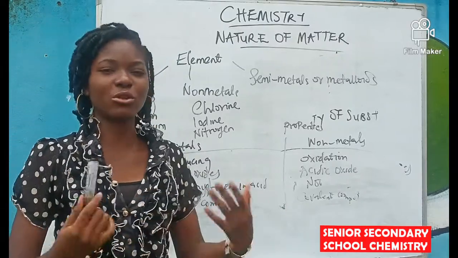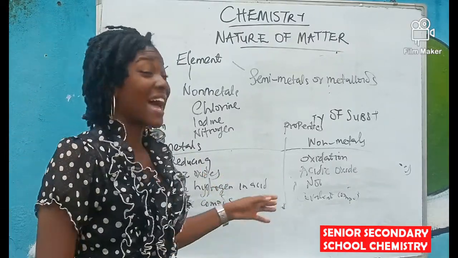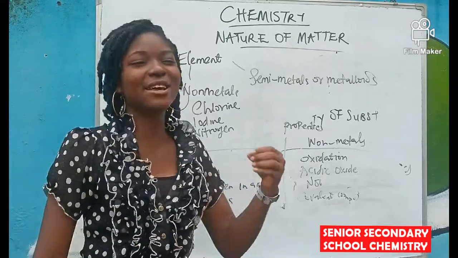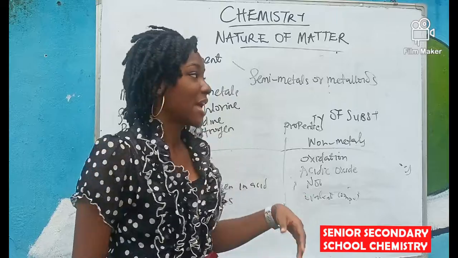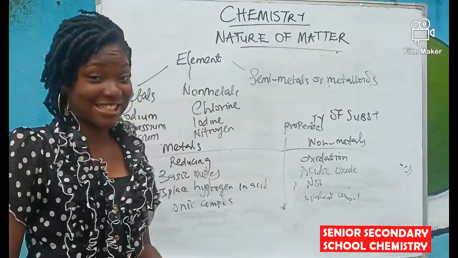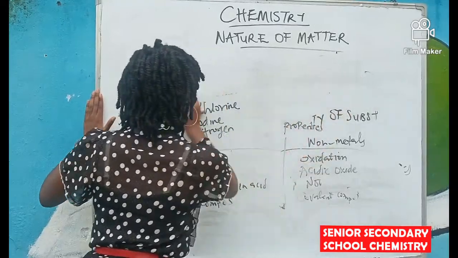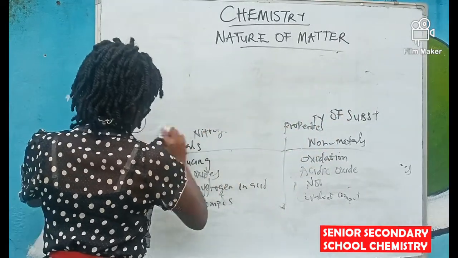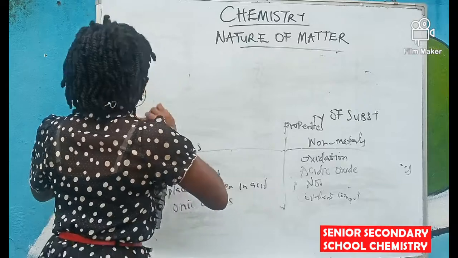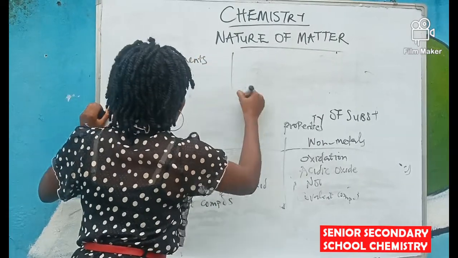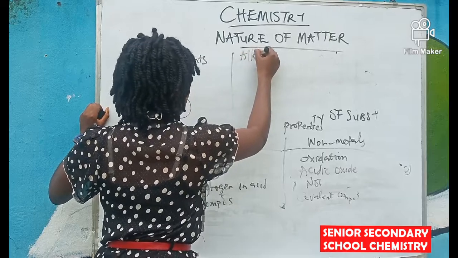Polymorphism or allotropy is the occurrence of an element in more than one form, but in the same physical state. I'm going to draw a table of different elements and their polymorphic forms.